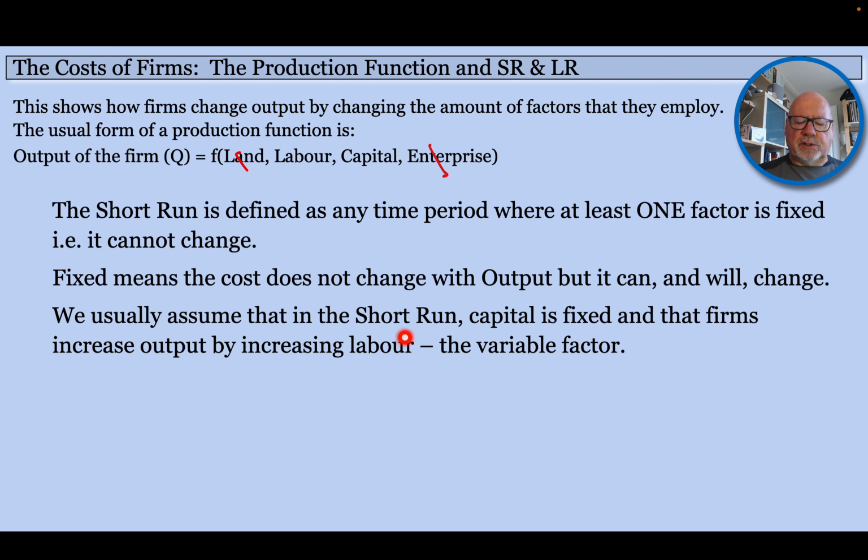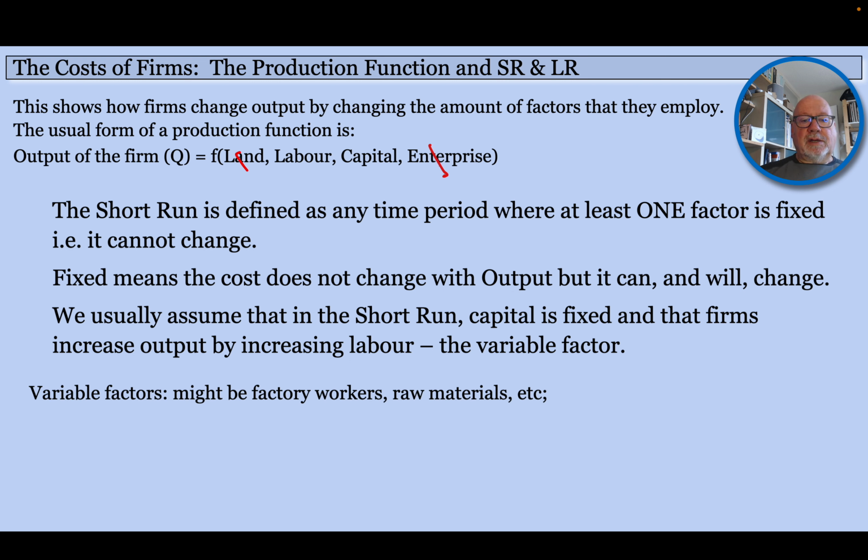And what we normally assume in the short run is that it is the capital, the machinery of a business, that is fixed, and we just change the labour. So we increase labour, and labour is known as the variable factor, and capital is therefore known as the fixed factor. Okay, in the short run.